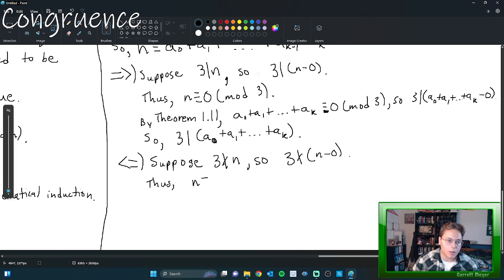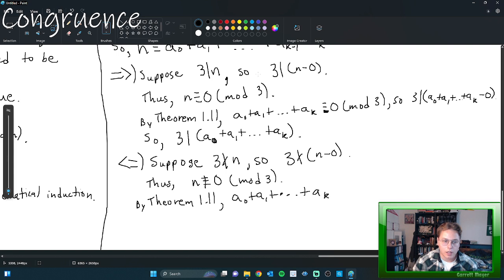Thus, n is not congruent to 0 mod 3. So by theorem 1.11, a0 plus a1 plus dot dot dot plus ak is not congruent to 0 mod 3.